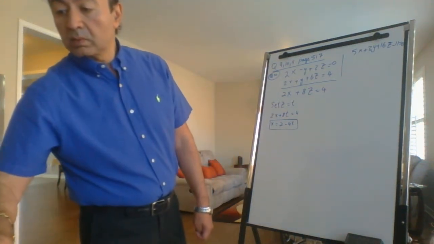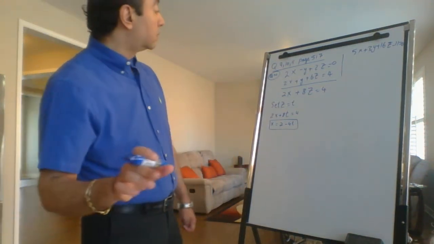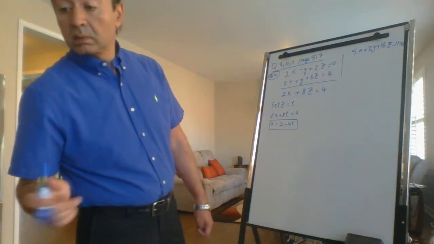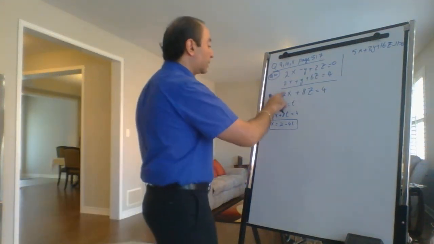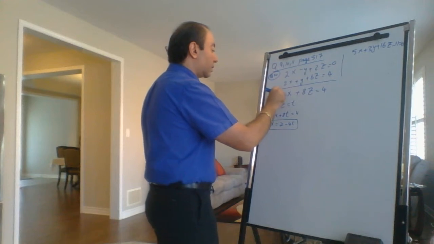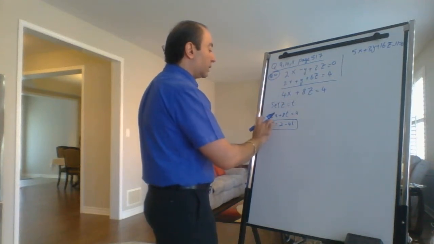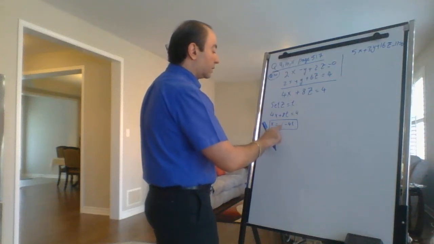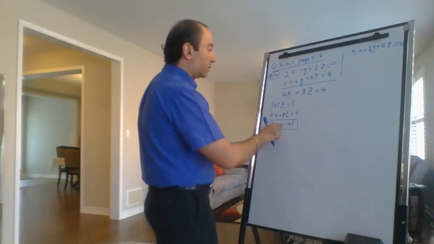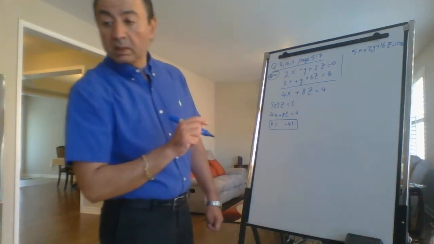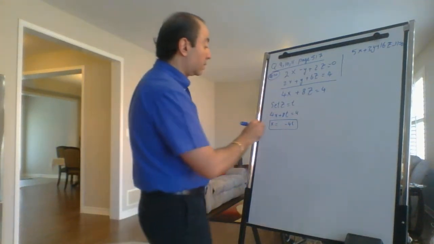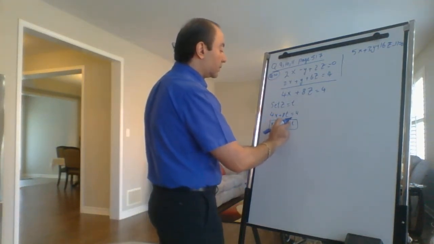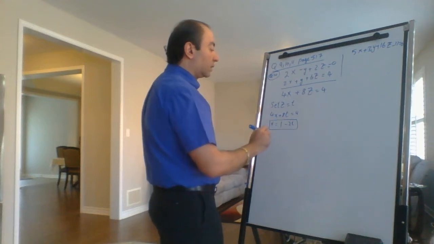Oh no, when I add I get 4x, sorry. So this will be 4x. When I send it to the other side, it will be 1 minus 2t. So x equals 1 minus 2t.